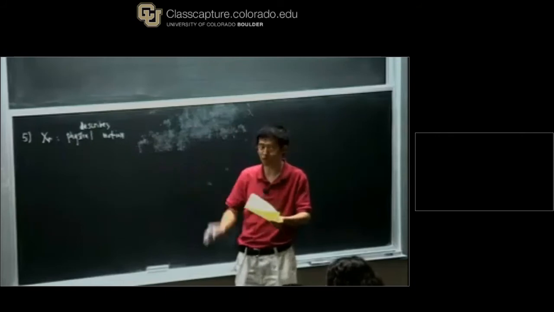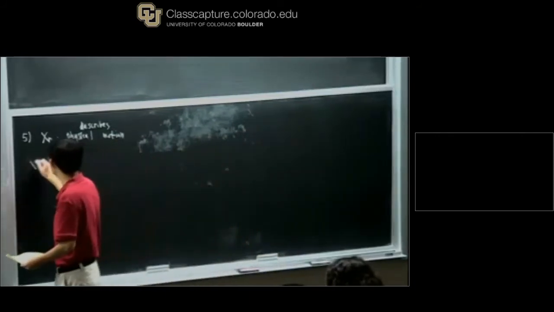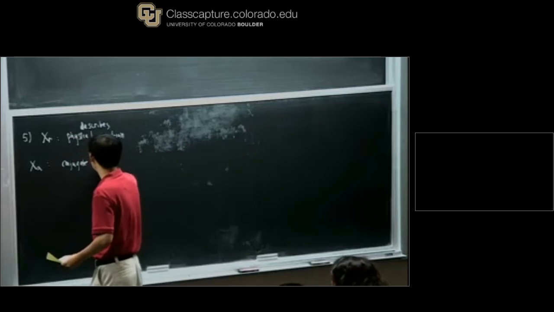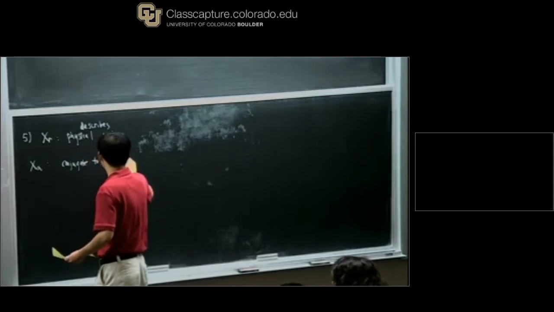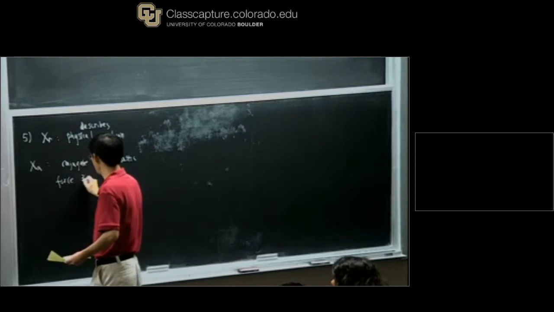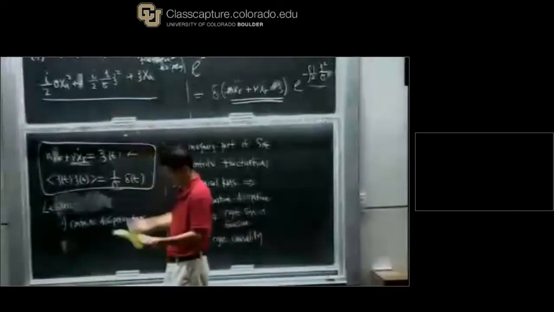It's really what you should identify as the coordinate of the particle. There's only a single coordinate, a single copy, and X_A is conjugate to this stochastic force psi. The psi is just a stochastic force, and X_A is conjugate to that.